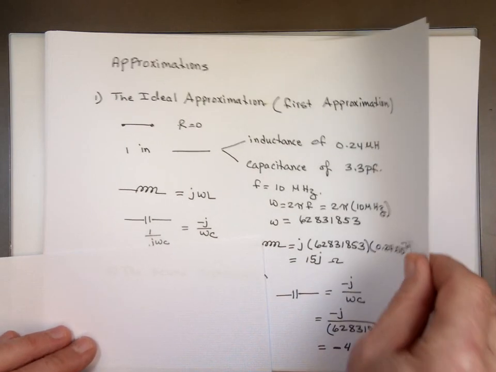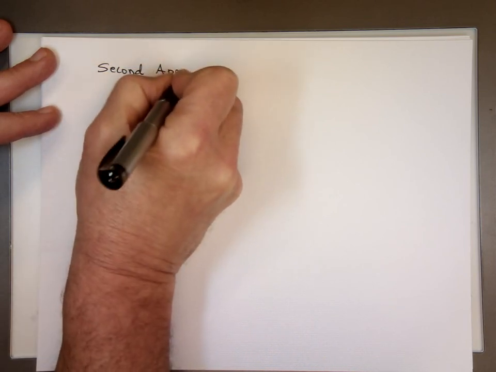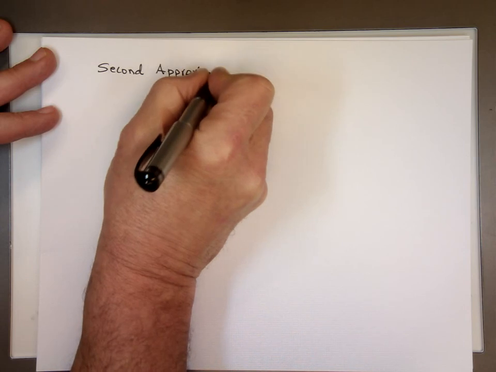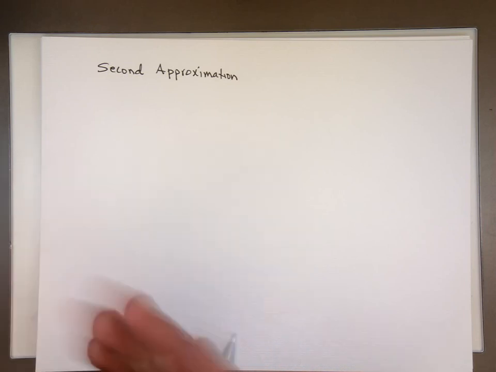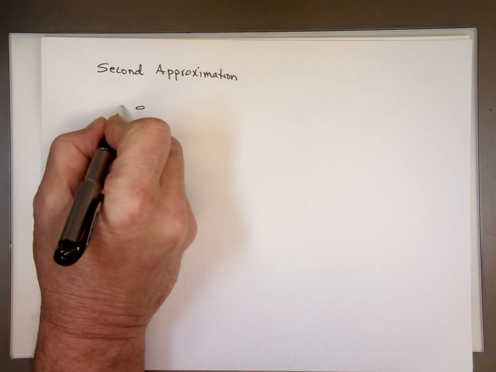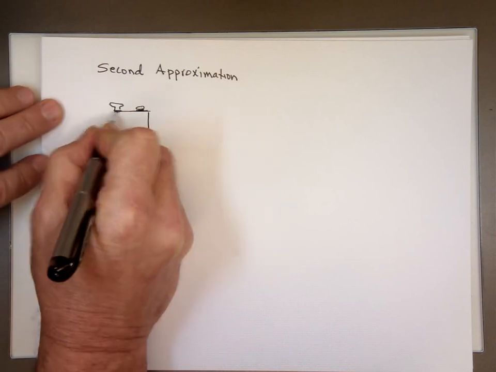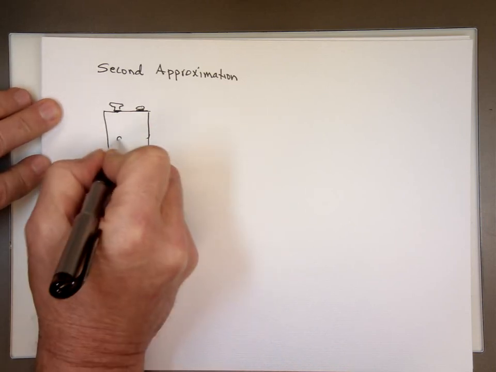Now the second approximation we make. Say you're building a circuit, and this circuit requires, I don't know, a 9-volt battery. So you go and get your 9-volt battery and attach that.